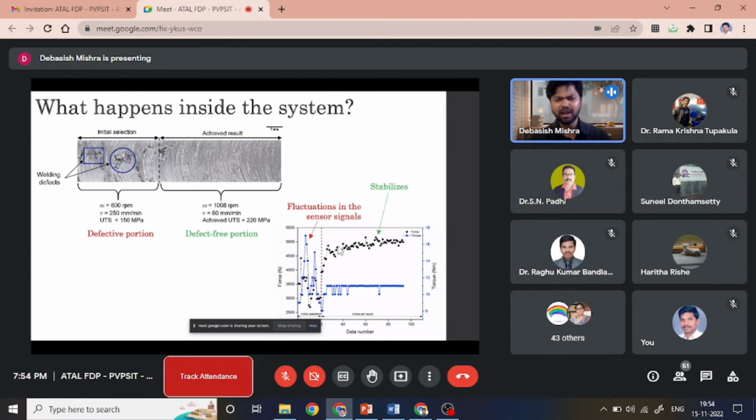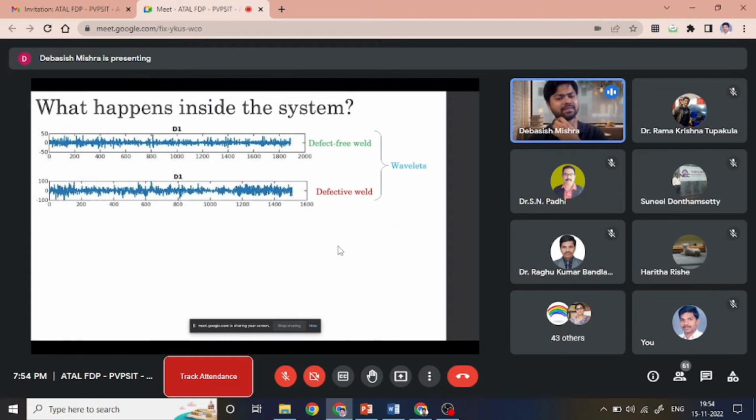And how we process this entire information inside the system is that we used wavelet analysis to operate on these signals in real time. Here I have shown two cases. The upper one is the D1 coefficients for the defect-free weld, and the bottom is the D1 coefficients for a defective weld. If I have to say what exactly wavelet processing is, I would say it is like this.